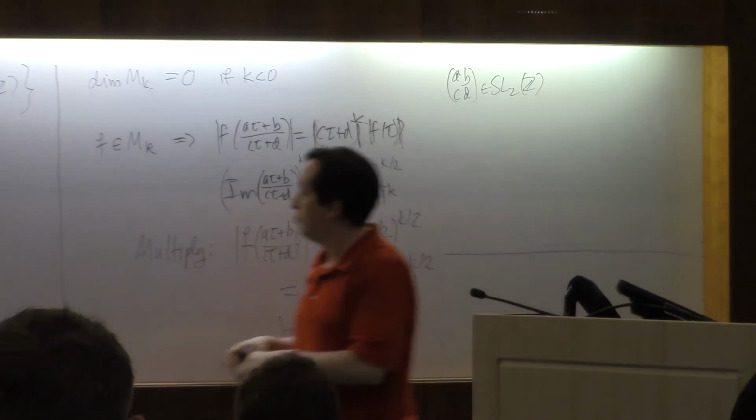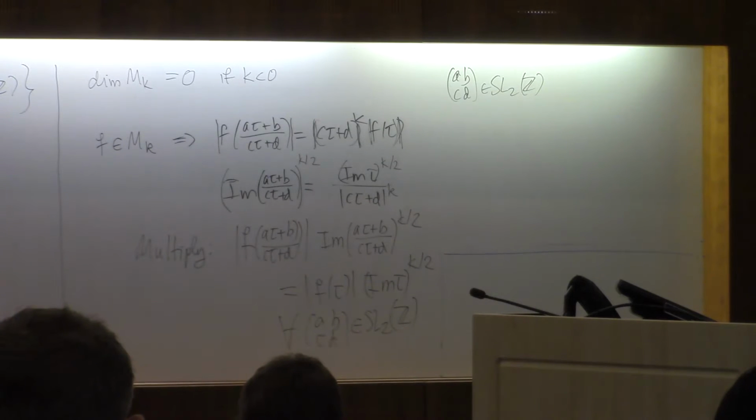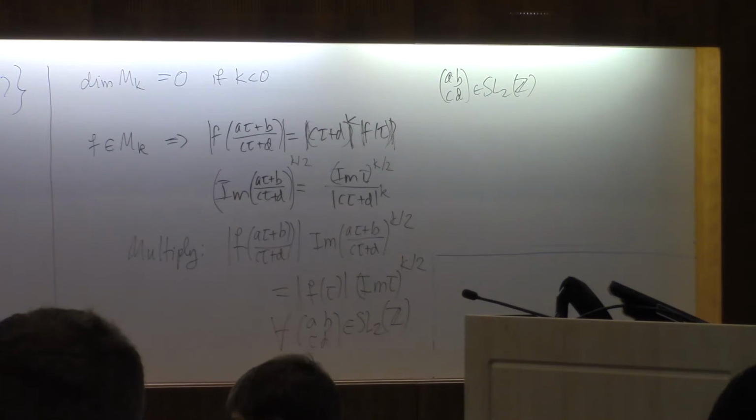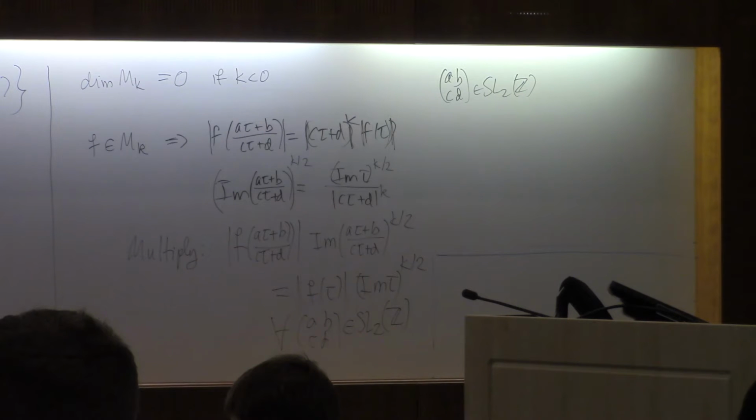So if we want to prove a function is 0 or something, we can just study it on the fundamental domain. Now that I've gotten the idea of multiplying by the imaginary part factor to make it an invariant function for SL2Z, we're going to study this funny product.